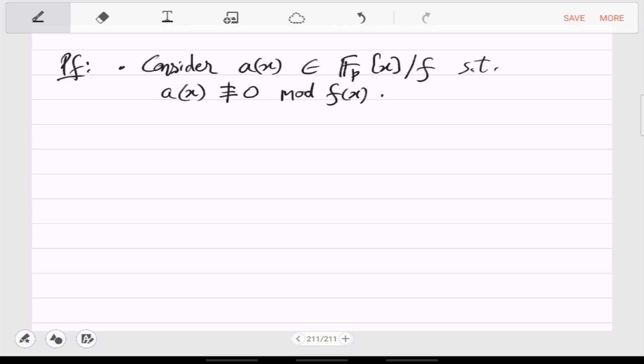For any such a(x), we only have to show the inverse, right? The addition is clear, multiplication is clear. The only thing that we have to show is when an inverse will exist, and we want it to exist always. So for this a(x), to find the inverse, what you will do is apply Euclid's algorithm.